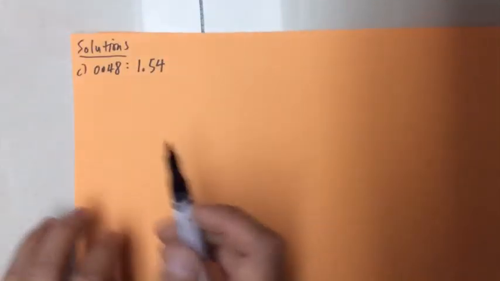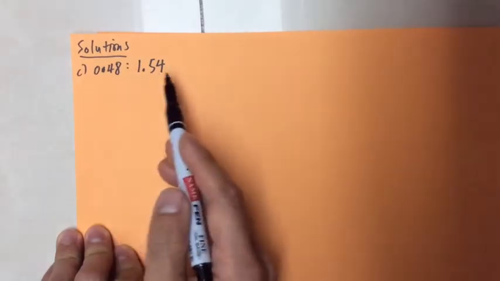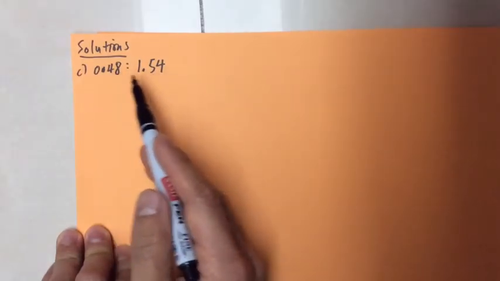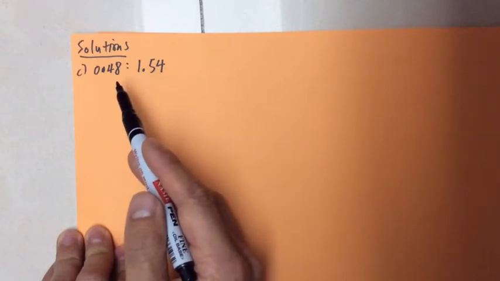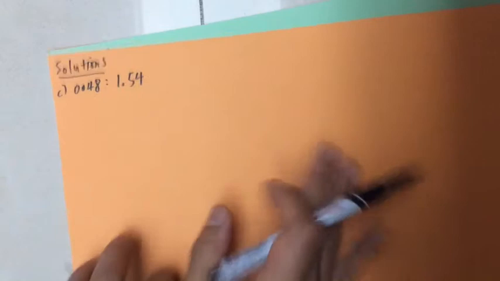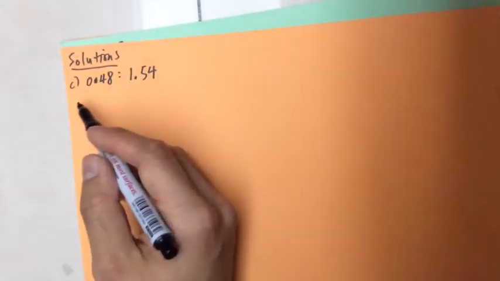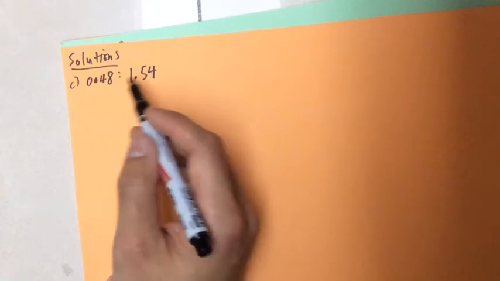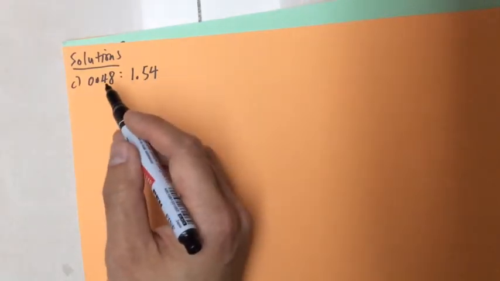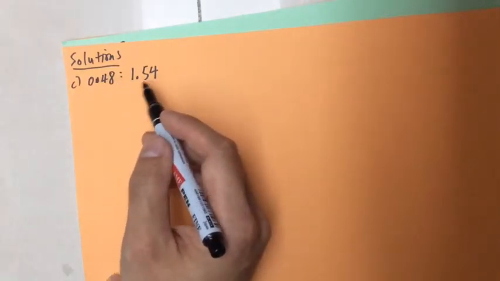Okay, what about C here? Here we have two rational numbers written in decimal form instead of mixed numbers. Now, an easy way to do it, it might take a bit longer, but it makes things a bit easier, is to multiply both sides by a number so that there are no more decimals.